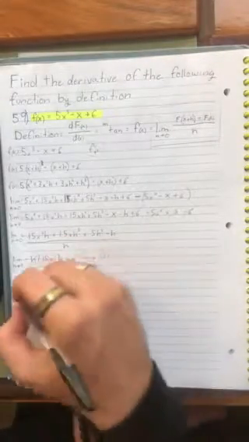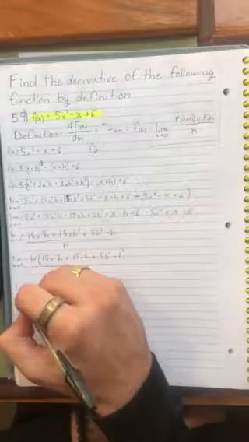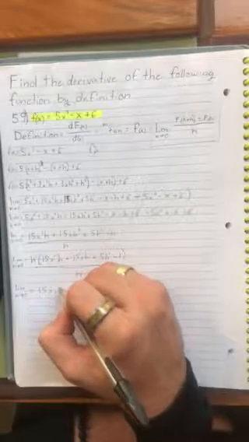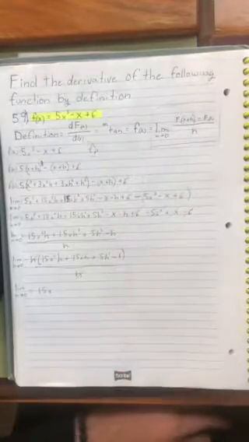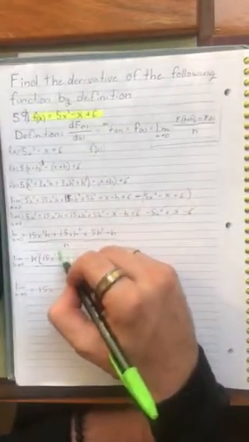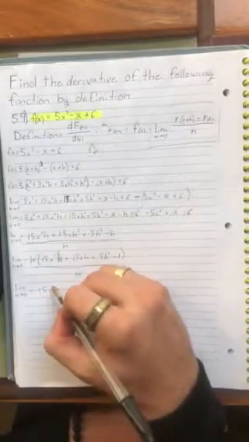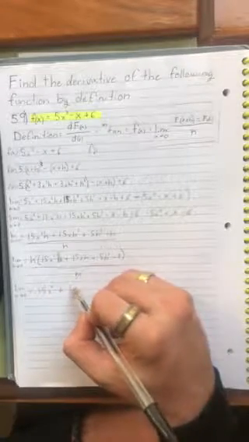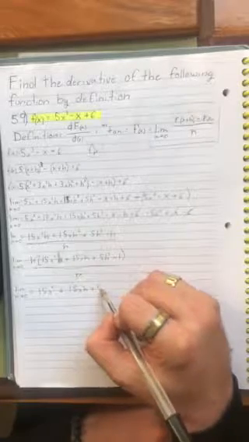So we are only left with this section on top, which is limit h equal to 0 equals 15x squared plus 15xh plus 5h squared minus 1.